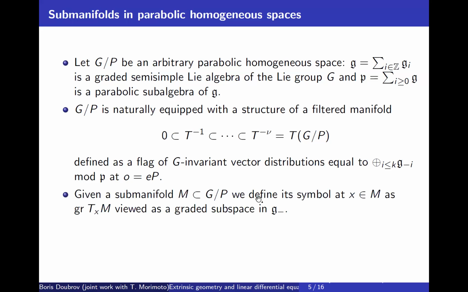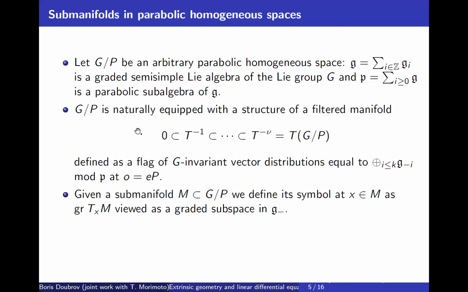What really is important, if you take any fixed point on G, yes. So if you have now any submanifold inside such a homogeneous space G mod P, we can define its symbol very easily.